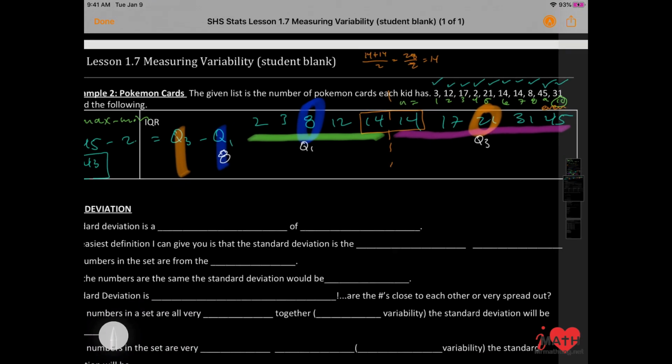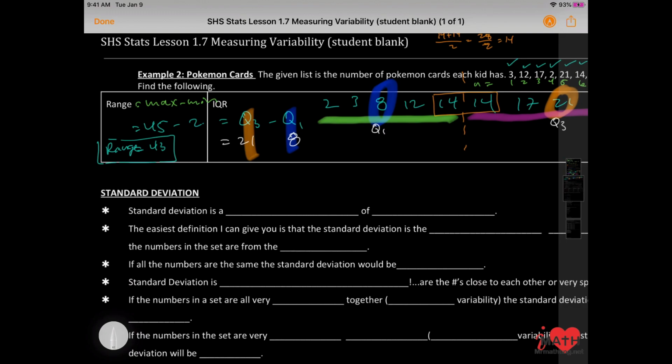Okay, so let's write that over there. All right, so now that I have those numbers, let's go ahead and check them. 21 minus 8 is 13. The interquartile range is 13. Double check that. That is correct.